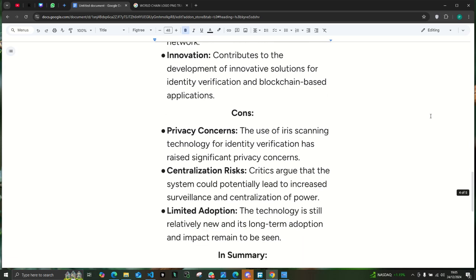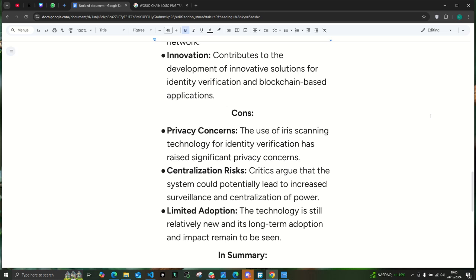Now let's look at the problems or challenges of WorldChain. The cons. Number 1, privacy concerns. The use of iris scanning technology for identity verification has raised significant privacy concerns, and we understand why. Number 2, centralization risk.